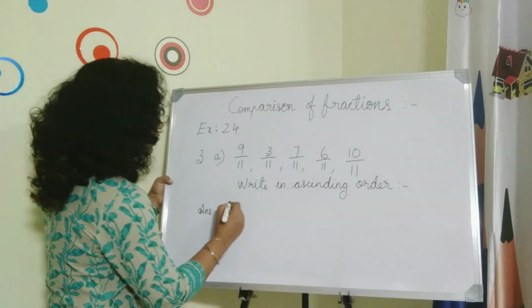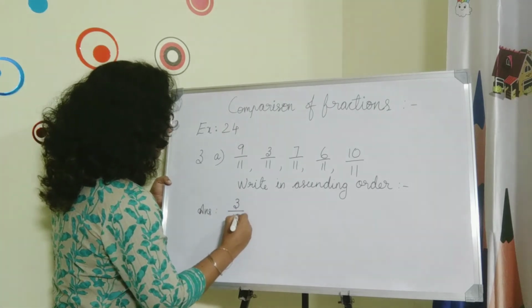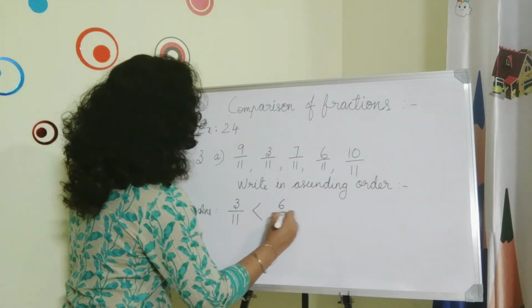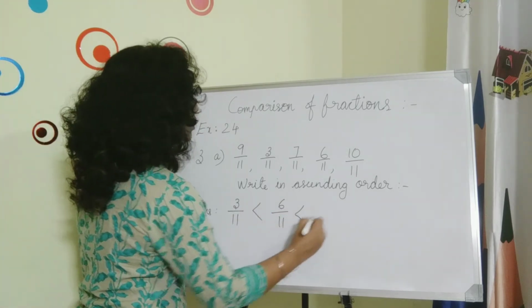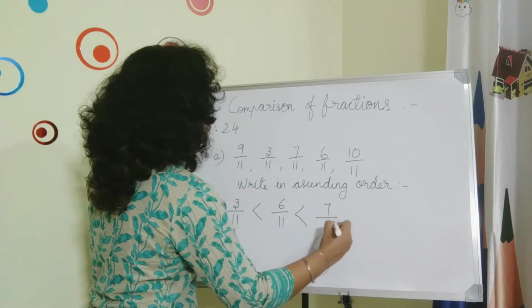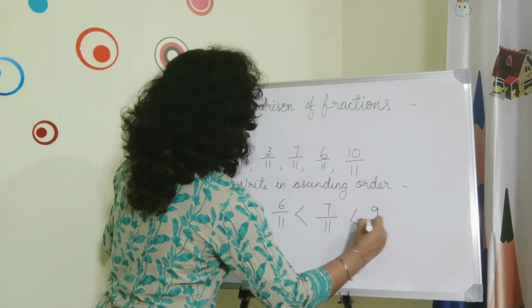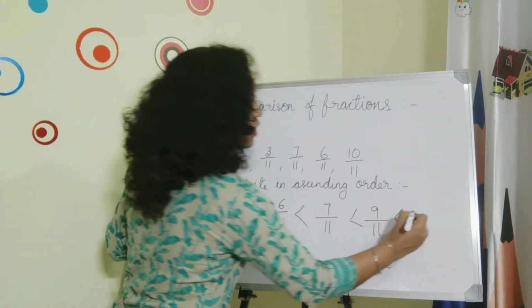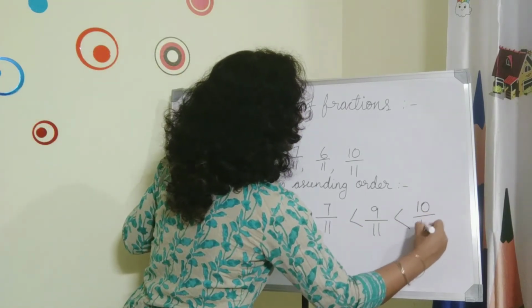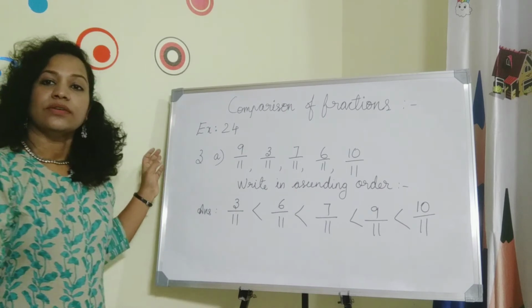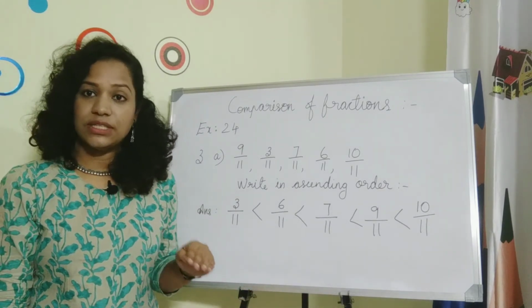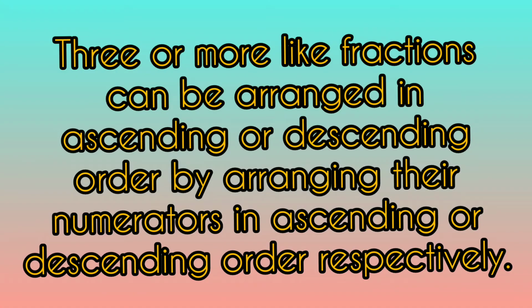So our answer is 3 by 11 is smaller than 6 by 11 is smaller than 7 by 11 smaller than 9 by 11 and it is smaller than 10 by 11. So this is how we compare the fractions with the same denominator.